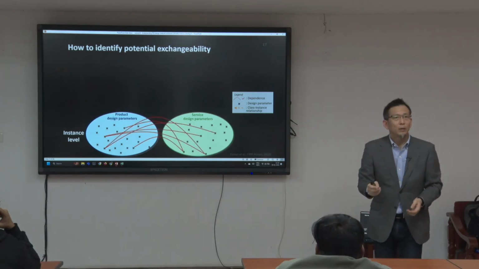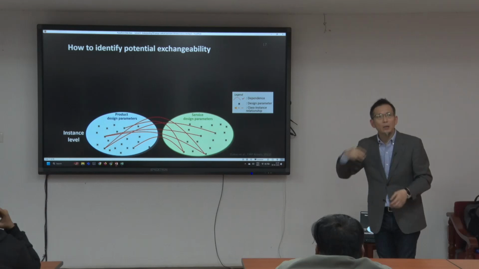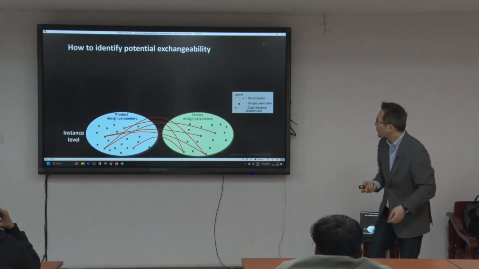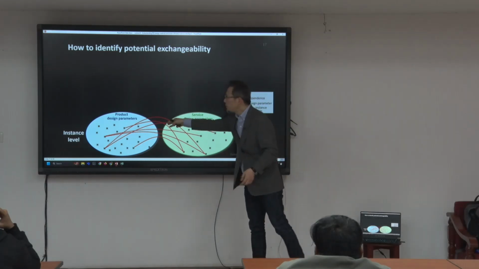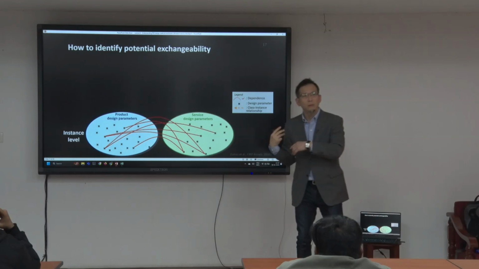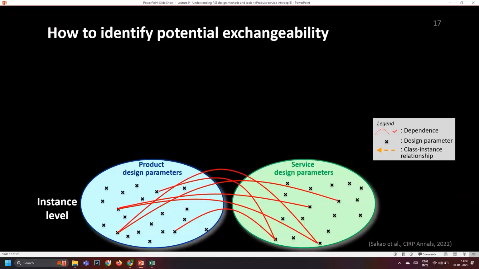Because there are interdependencies, as I have been through different examples, but not all design parameters have dependencies from the other side. So in this picture, the red lines show the existence of dependencies between product side and service side. Okay? And there are many parameters without the red line.